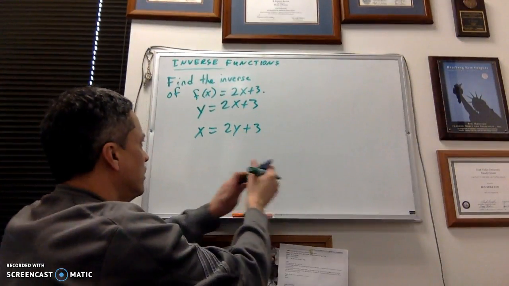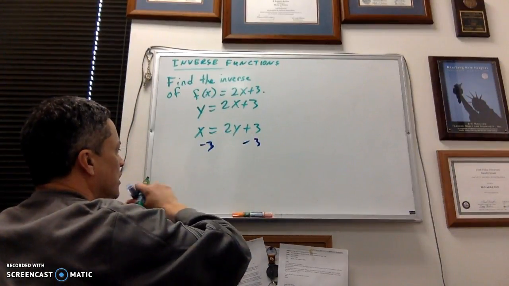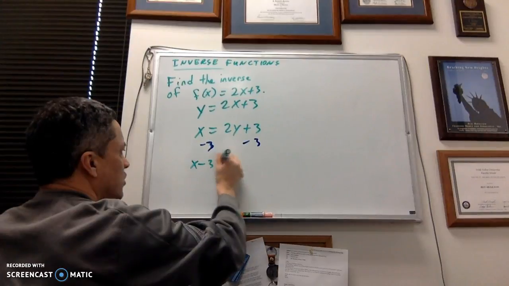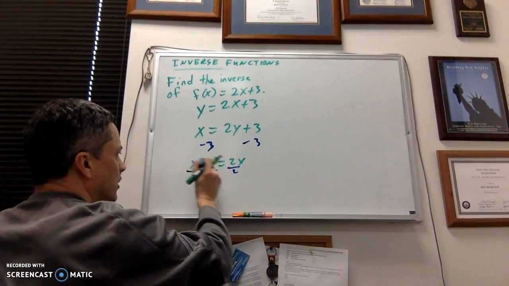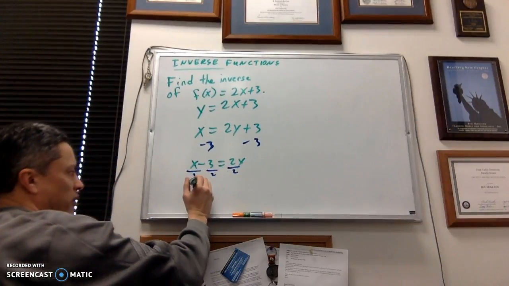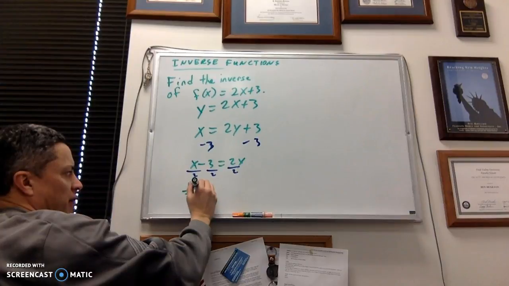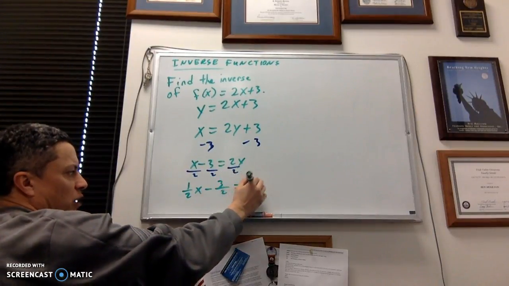So I will subtract the 3 from both sides. x minus 3 equals 2y. And then we divide both sides by 2. For purposes of illustration, I'm actually going to write this in slope-intercept form. So I'm going to have 1/2 x minus 3/2 equaling y.